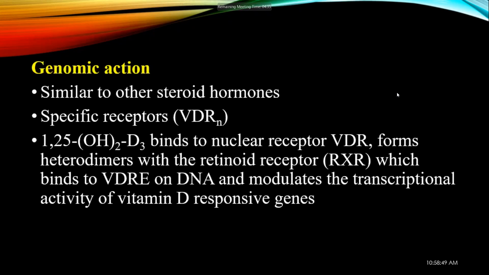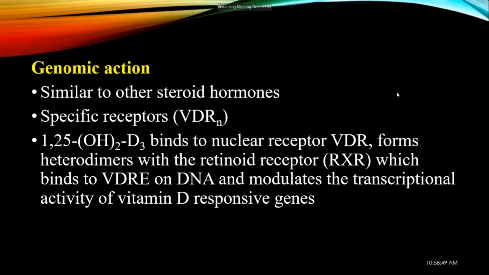After forming the complex with the receptors, it forms a heterodimer with the retinoid receptors. Generally these retinoid receptors are present on the promoter sites of DNA. After forming these heterodimers, it is able to bind with vitamin D responsive elements on the DNA. Generally the vitamin D responsive element is present on the promoter sequence of the DNA.